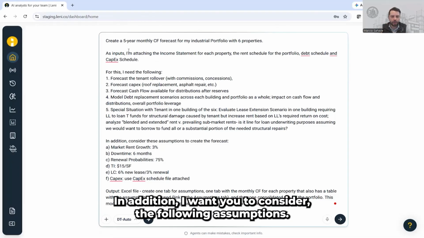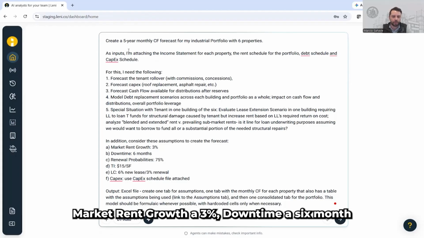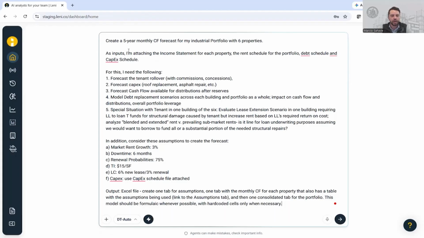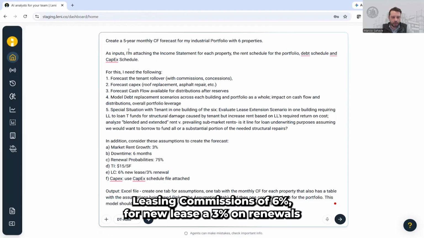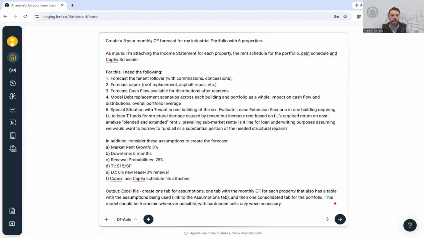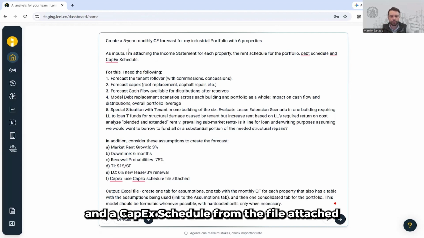In addition, I want you to consider the following assumptions: market rent growth of 3%, downtime of 6 months, renewal probabilities of 75%, TI of $15 per square foot, leasing commissions of 6% for new leases and 3% on renewals, and a CapEx schedule from the file attached.